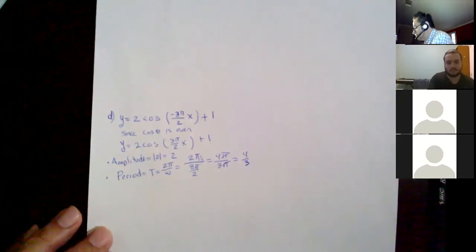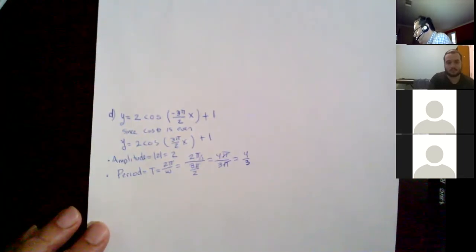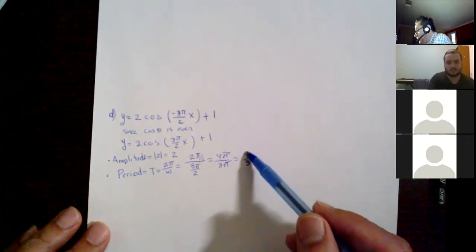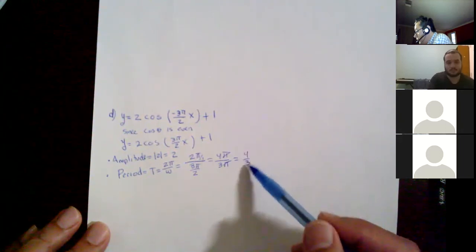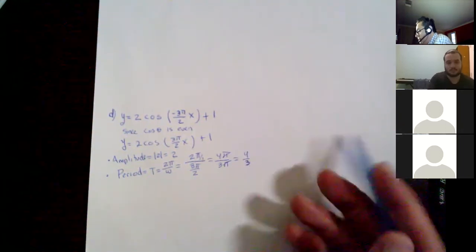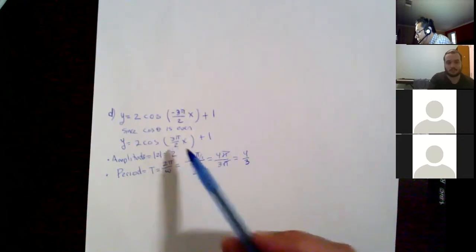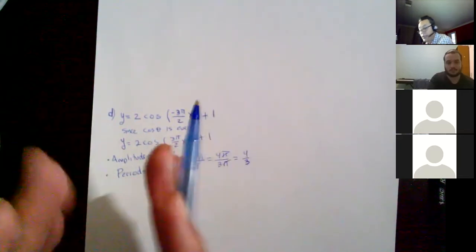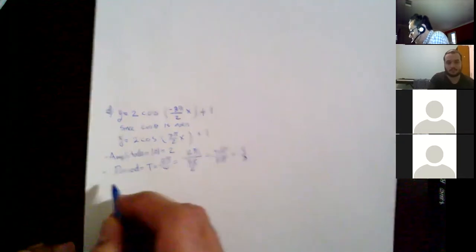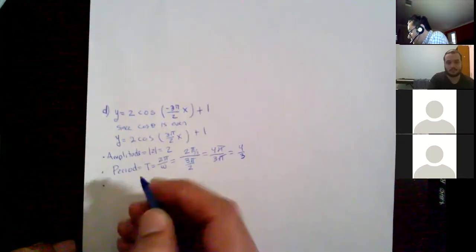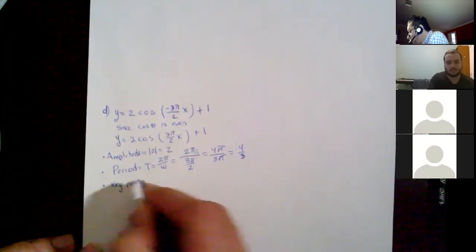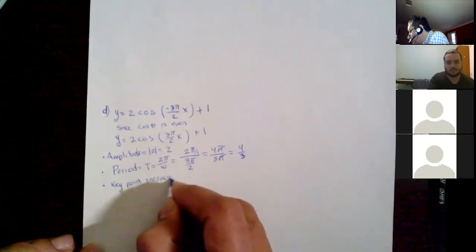So let's find the increment. By the way, these are radians for 4/3, which, by the way, this value here, 3 pi over 2, is compressing the cosine big time, okay? So let's find the key point increase.